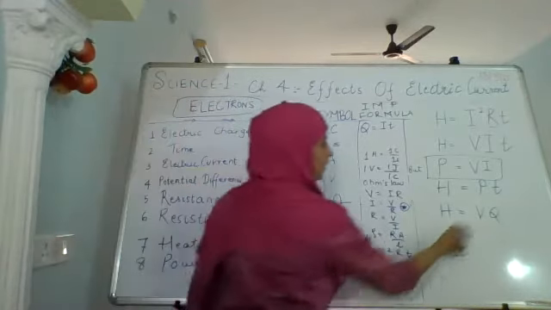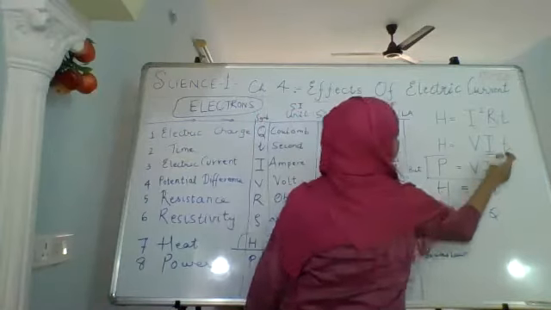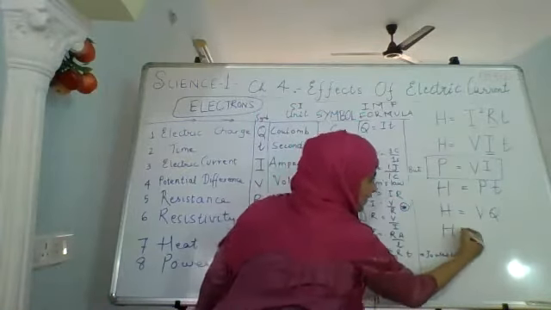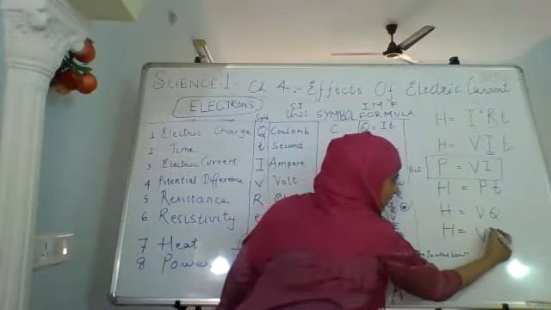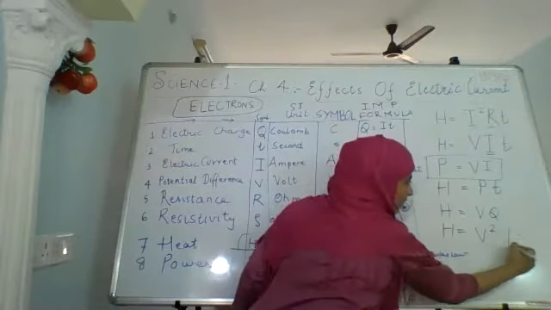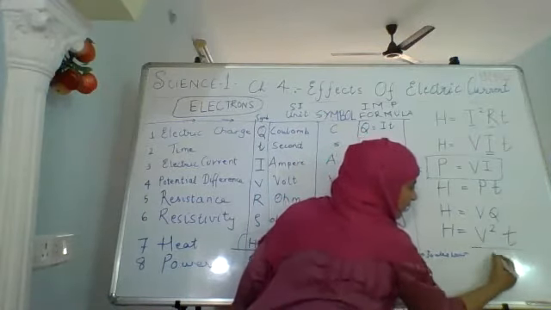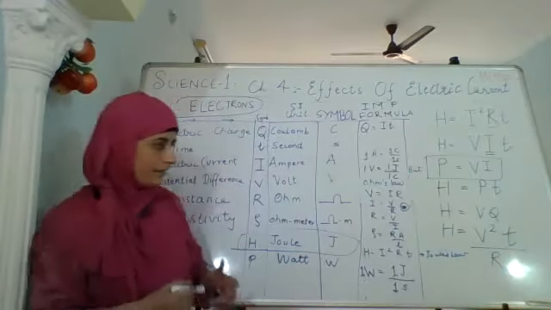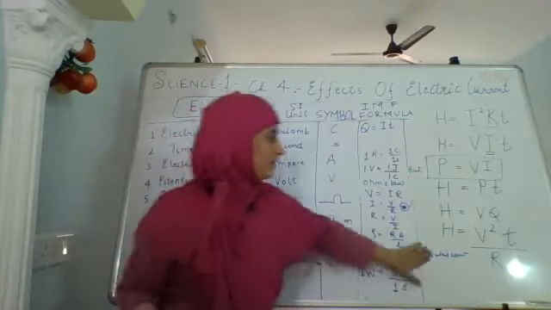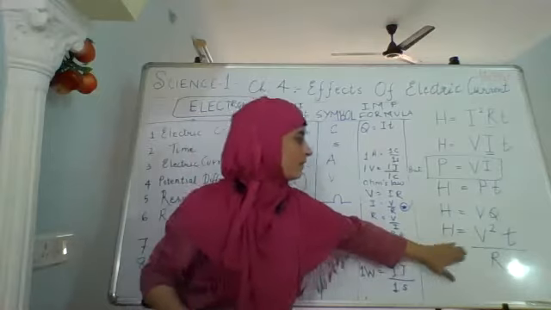So what will we get? H is equal to V into V upon R, that is V square upon R. So that is also what you will be getting over here.